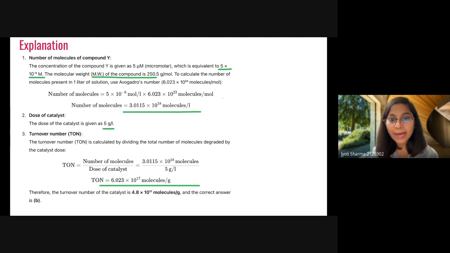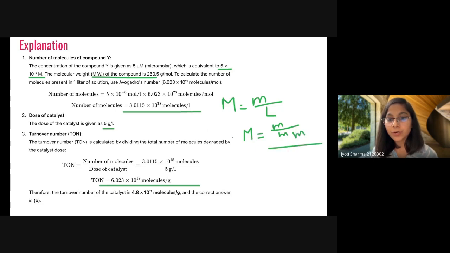And if you know, here molarity is nothing but the number of moles per liter of the solution. And molarity is also given by mass upon molar mass and upon liter. So from that molarity, you have even molar mass.